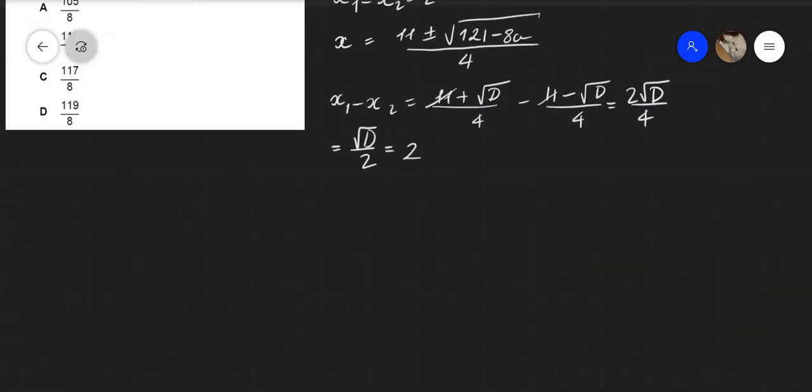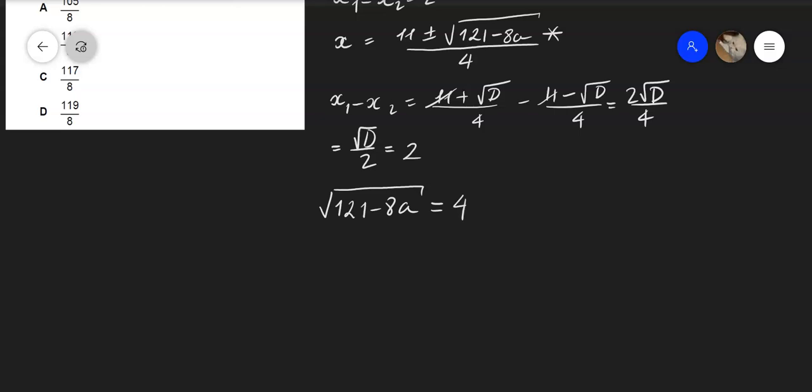Right, now I'm going to replace the discriminant by the expression that we found earlier. Root of 121 minus 8a over 2 equals 2, and therefore the square root of the discriminant equals 4.